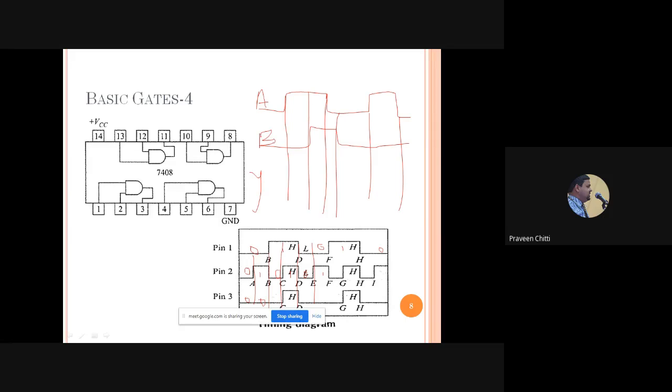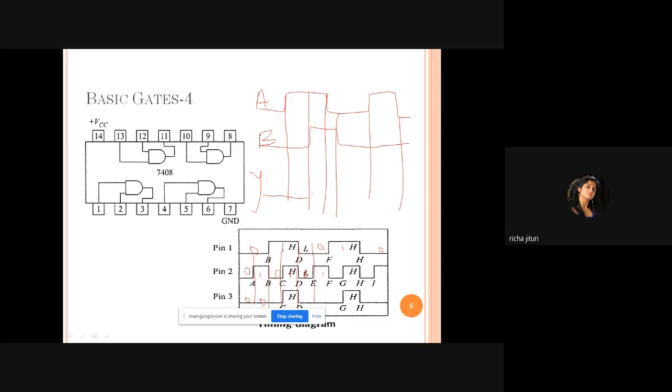Now, can you tell me what is the input A here? 0. So what should be the output? 0. Then next here, what is the input A? 1. B? 0. So what should be the output? 0. For this portion, what is A? 1. B? 1.